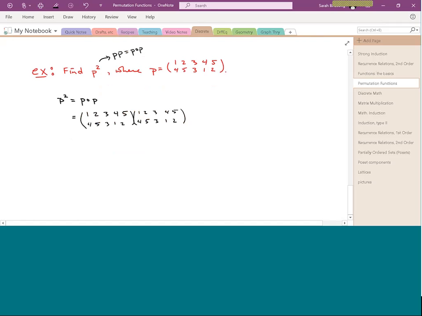Okay. And I'm going to go ahead and do the same scratch work we did before, so that chart to the side. So what we're going to need to do is track where the numbers 1, 2, 3, 4, and 5 go. And because it's squared, we're going to need to go through our permutation function p twice to get to the final answer.